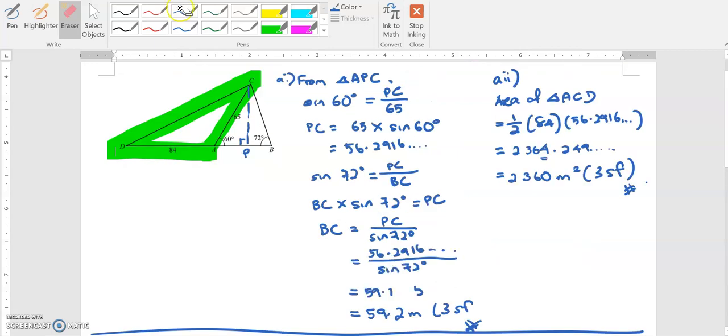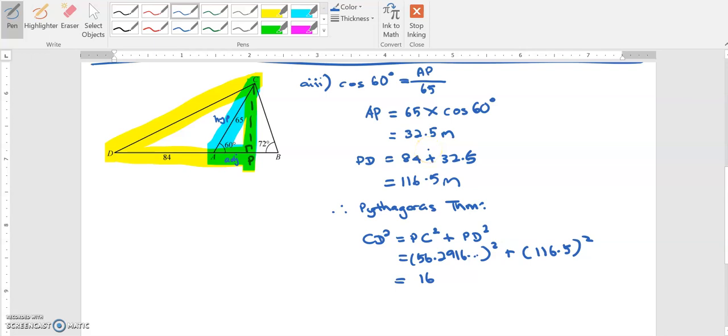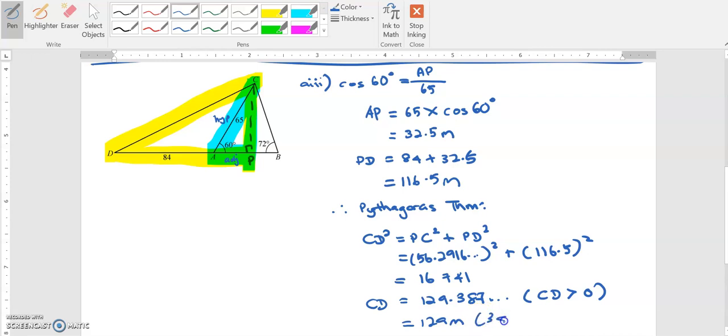If you calculate in the calculator, CD squared is 16,741. Therefore, CD is actually 129.387, an irrational number, and we know we only accept the positive. Because when you square root CD squared, you get plus minus 129.387, but I'm only going to accept the positive because it is a measurement, it is a length. And in 3SF, CD itself is 129 meters as your answer.